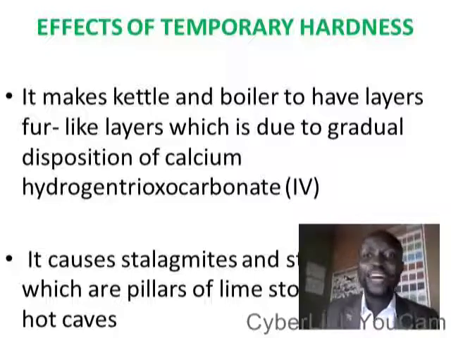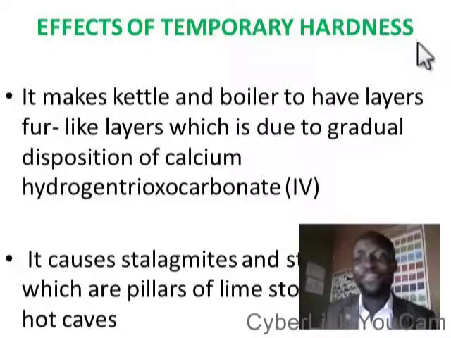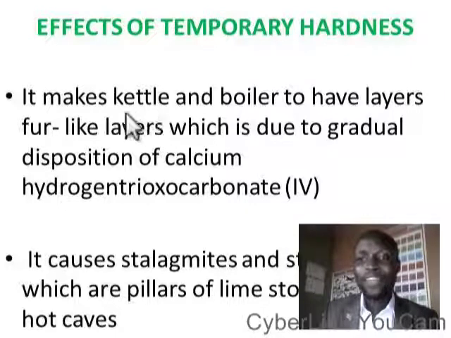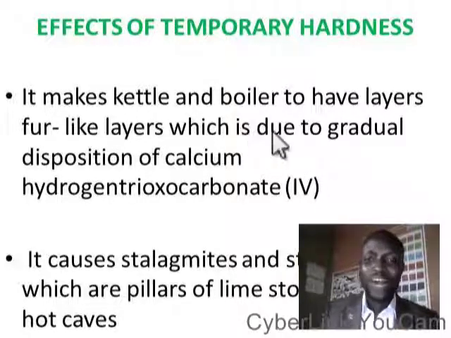Effects of temporary hard water. What are the effects? Number one effect is that it makes kettles and boilers have a fur-like layer, which is due to gradual deposition of calcium hydrogen carbonate.